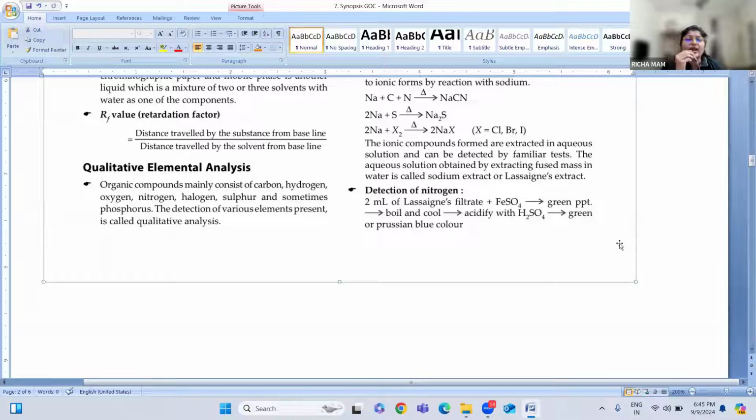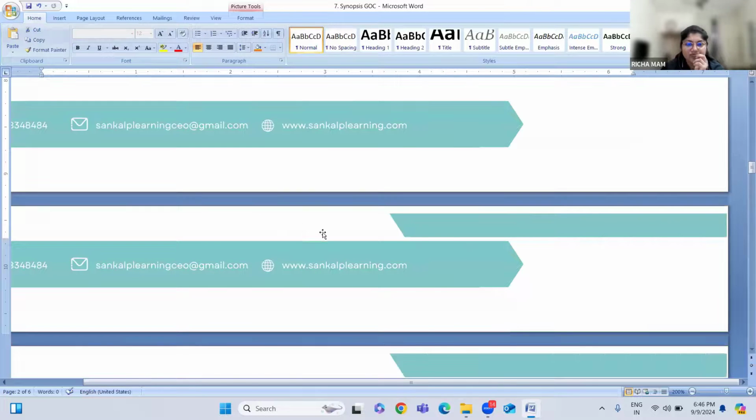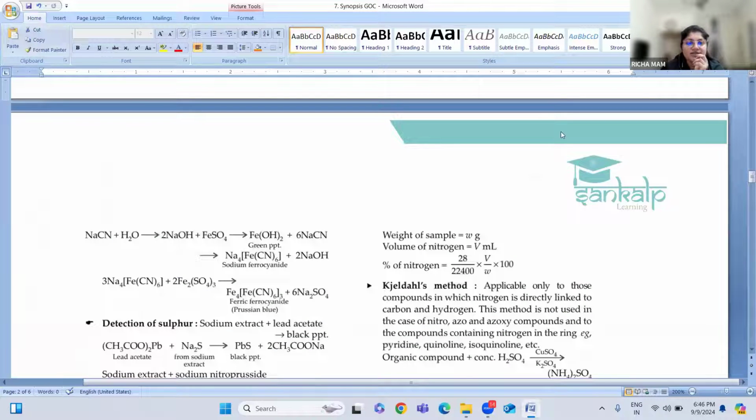First boil it, and then cool the test tube solution. Then you have to add H2SO4, that is sulfuric acid. Then it will convert into green or Prussian blue color. If it converts to green or blue color, that means there is a presence of nitrogen. So this is the first test.